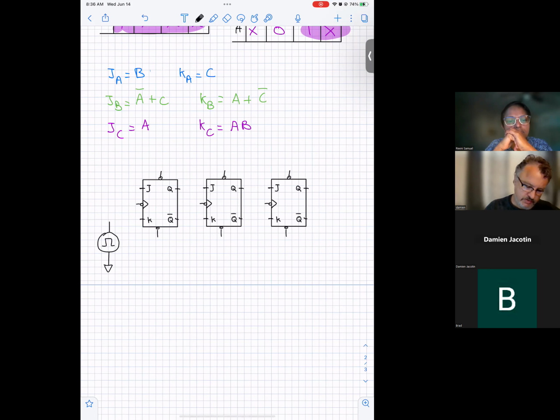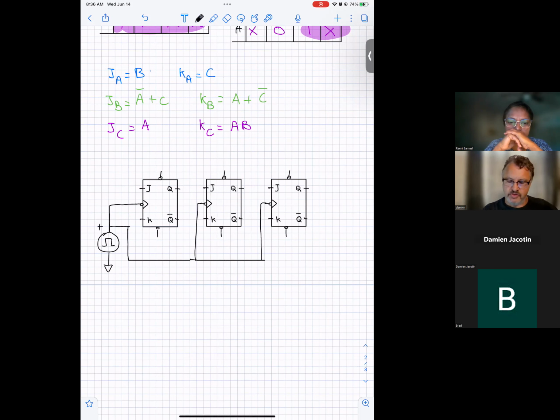We're going to ground it. This is going to be the plus, and it's going to be connecting right here to all the flip-flops at the same time. This is what makes it a synchronous counter. The clock goes to all 3 flip-flops like this.